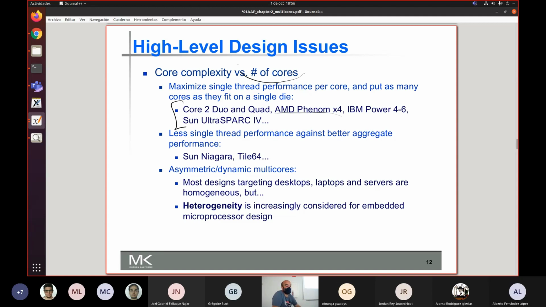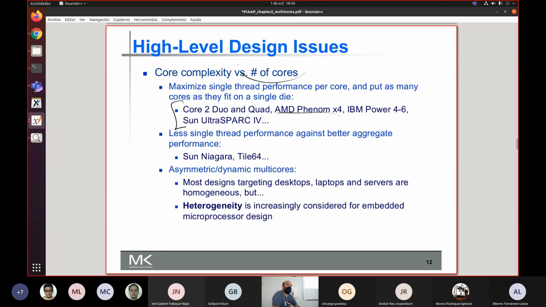Actually, for instance, when AMD became very important at the beginning, it was very shocking that the Intel i7, the desktop computer, had 4 cores, and AMD was already selling 6 or 8 or something like that.